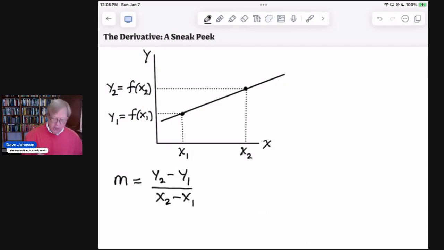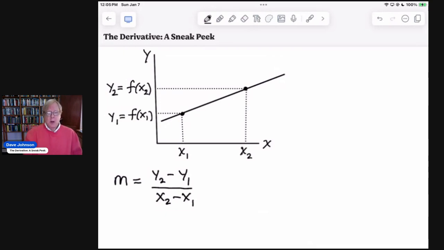I want to mention that at this moment, I'm thinking of x1 and y1 and x2 and y2 being fixed. In other words, those are fixed points. And in a minute, we're going to make some adjustments. But that's what the slope is. Now, what's the big deal? I mean, you already understand this, right?